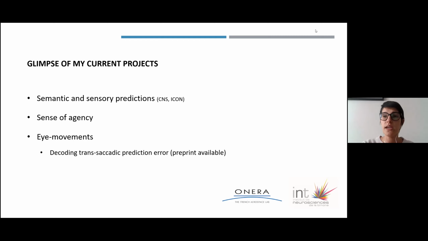And we are also working with eye movements, because I'm in a group that works with eye movements, and we have work related to decoding transsaccadic prediction error. And that's what I've been doing now.